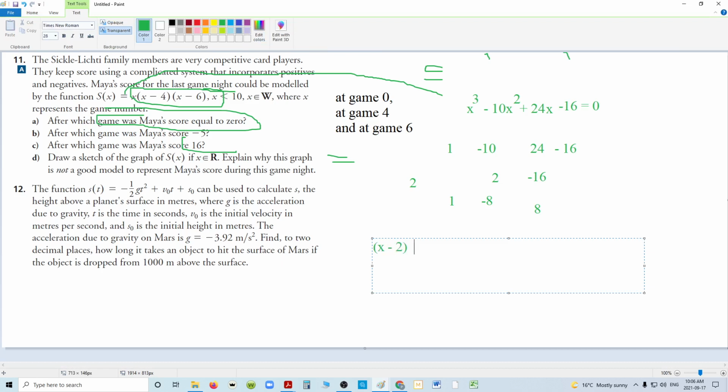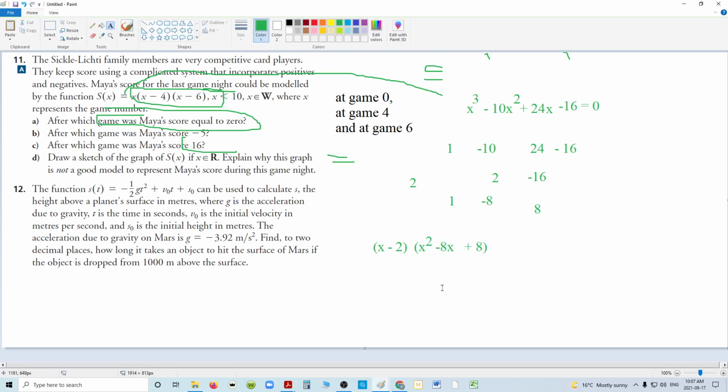And I'm left with the quadratic x squared minus 8x plus 8. Now that's not solvable, because there's no way to come up with something that multiplies to 8 and adds up to minus 8. 2 and 4 doesn't work, whatever.